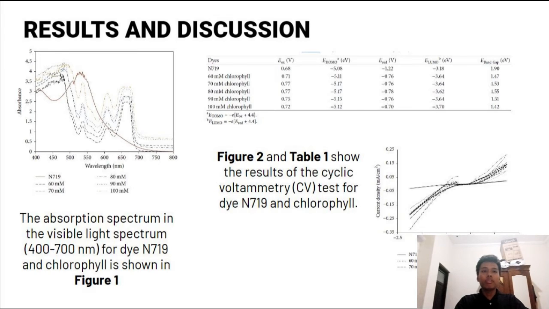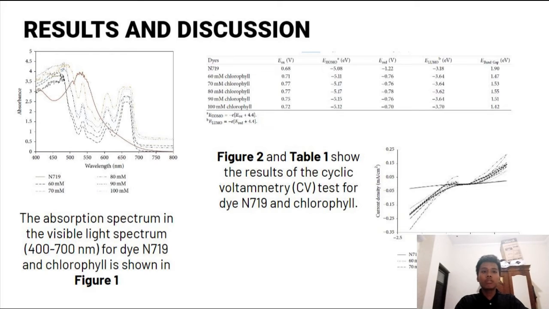And then we have figure 2 and table 1, which show the results of the cyclic voltammetry test for dye N719 and chlorophyll. The energy levels of the highest occupied molecular orbital, or HOMO, and the lowest unoccupied molecular orbital, or LUMO, were determined using the electrochemical oxidation and reduction onset potentials.